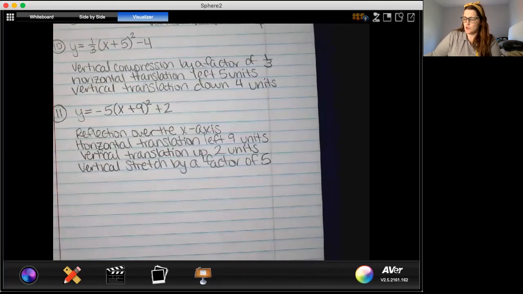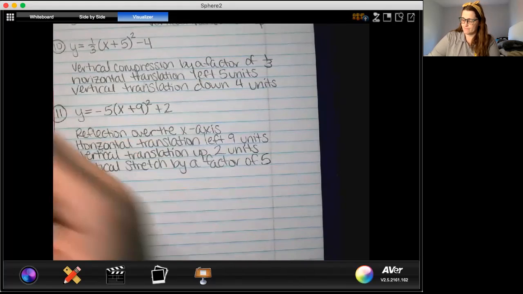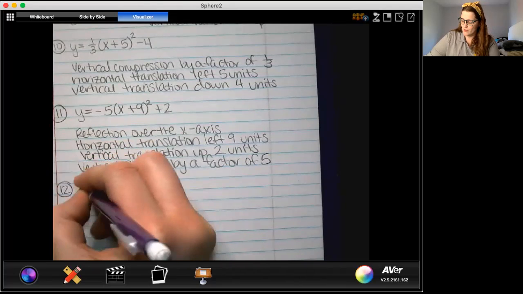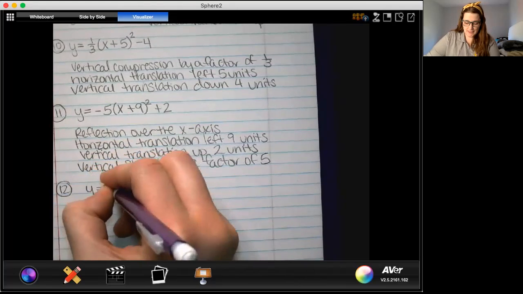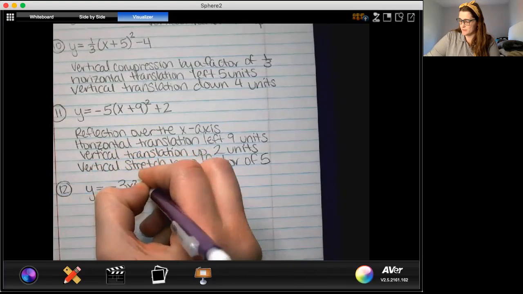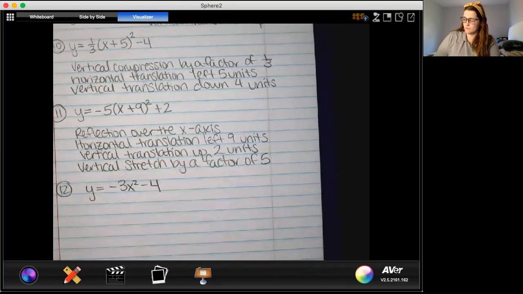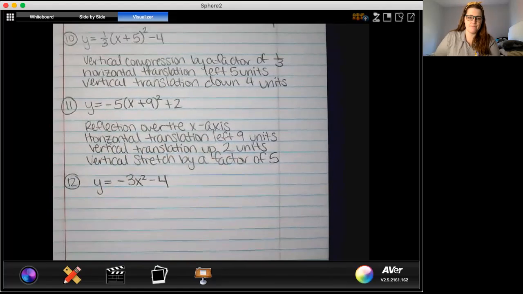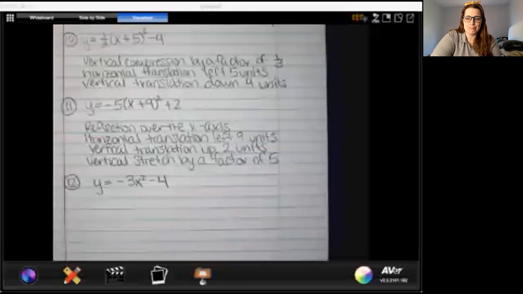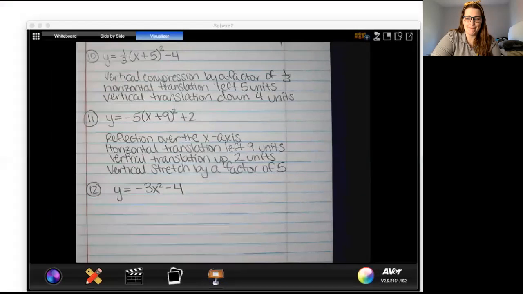Okay, let's try the last one. y equals -3x squared minus 4. Reflection over the x-axis.